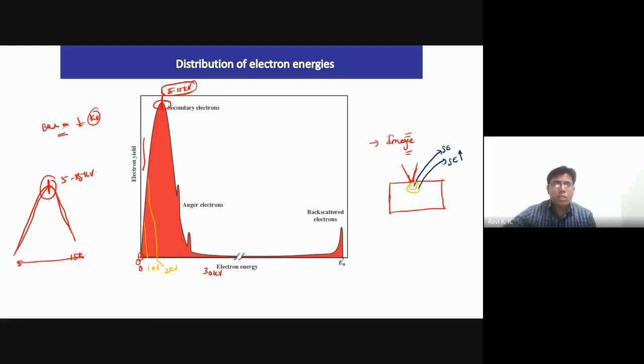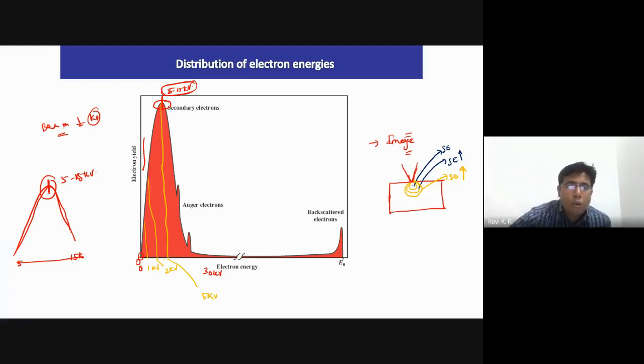Let's say you reach a level that is the peak, 5 kV. Assume this is your interaction volume at 5 kV. Again you are getting secondary electrons, where the number has also increased.